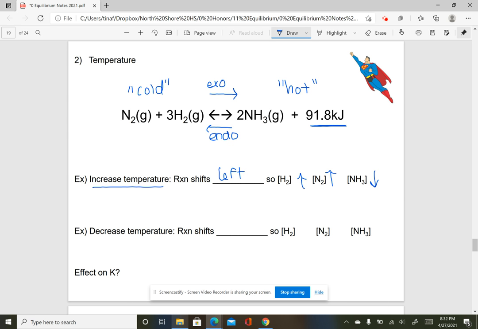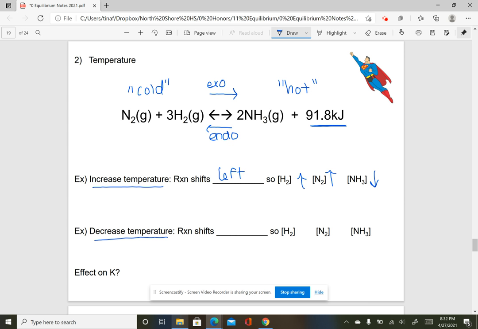Okay? Same thing if I decrease temperature, guys. Decreasing temperature is also a stress. So if my reaction was in equilibrium and I just decreased temperature, the reaction would be like, wait a minute, I need temperature to go back up. I want to try to get back to normal. So which direction would we go in to make the temperature go back up?